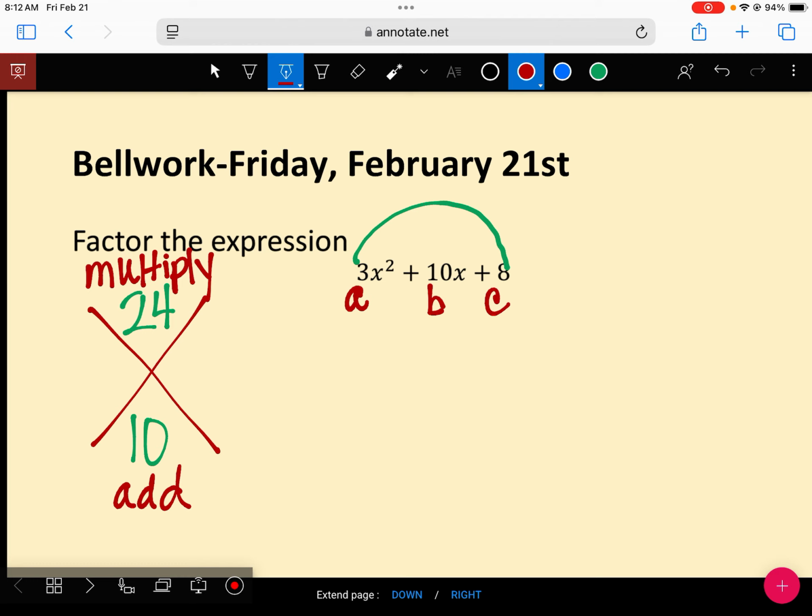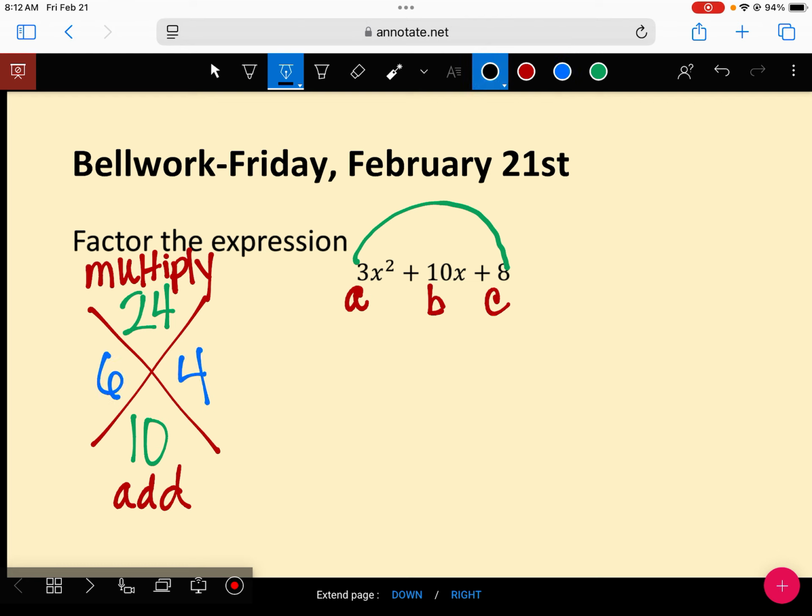Did anybody figure out what those numbers would be that would multiply to give you 24 and add to 10? Anybody know? Isaiah? Yeah, positive 6 and positive 4.